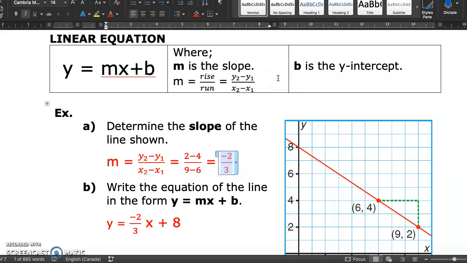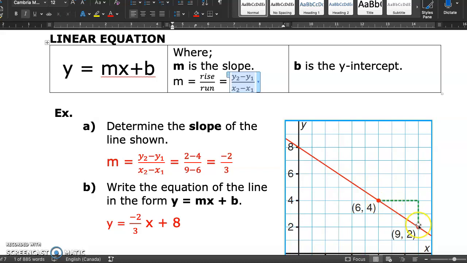A more general point slope calculation for the slope is (y2 minus y1) over (x2 minus x1), and all that that means is that this point is x1, y1, and those are subscripts representing the name of this point. And this is x2, y2. So the point on the left is x1, y1. The point on the right is x2, y2.